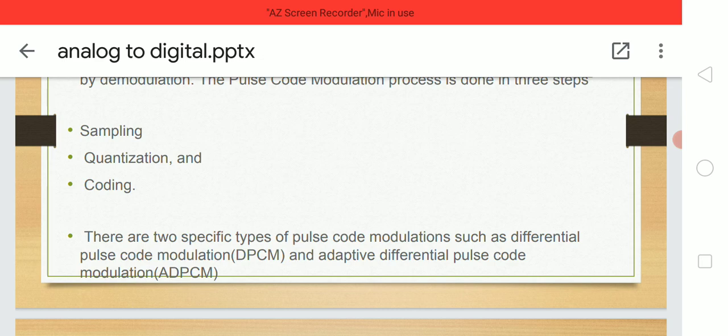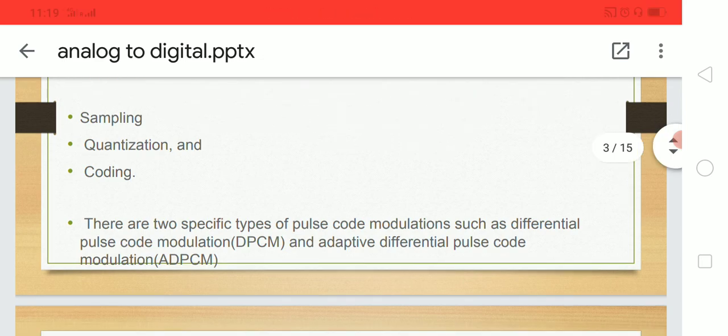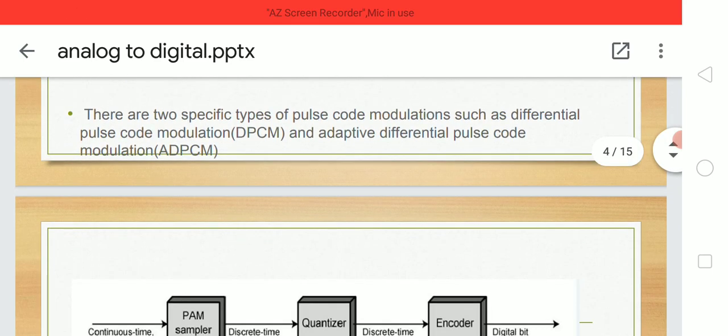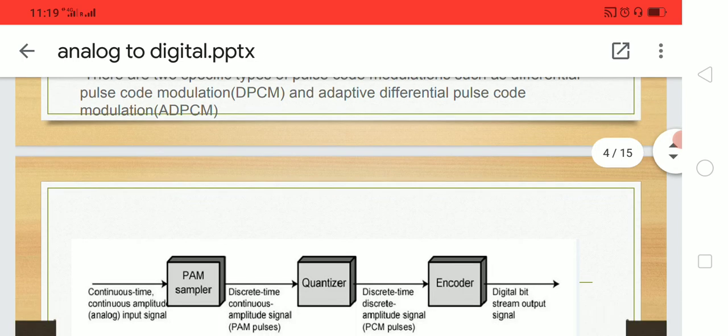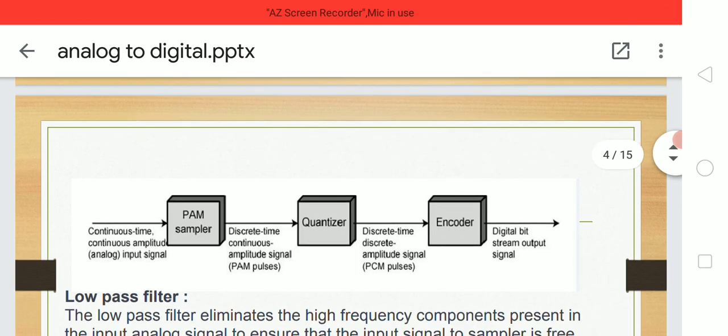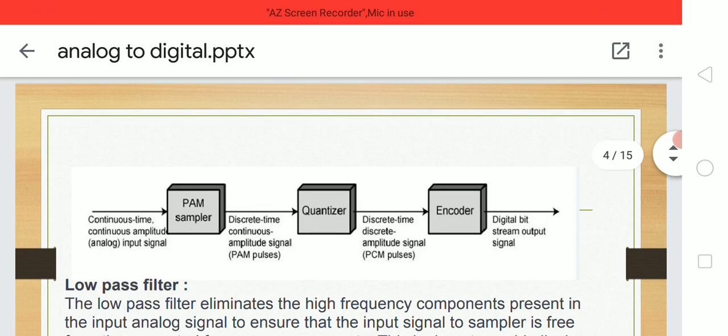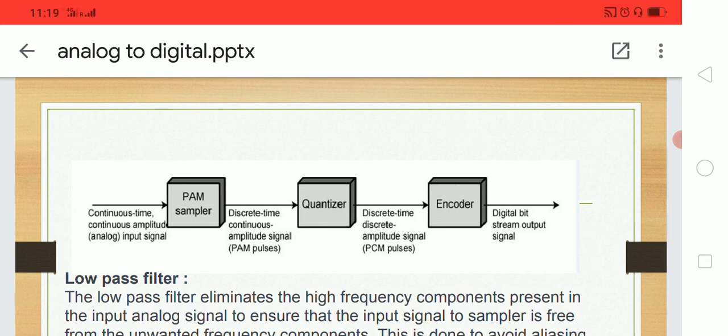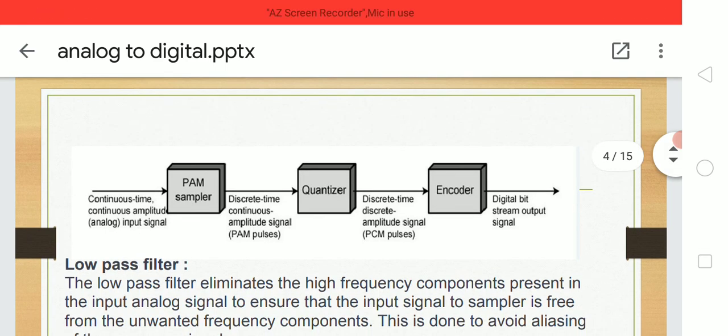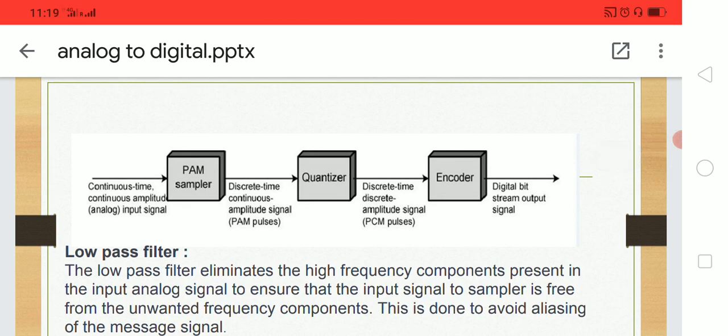There are 2 types of pulse code modulation: differential pulse code modulation and ADPCM, that is, adaptive differential pulse code modulation. Here is the structure of the analog to digital conversion, including 3 steps: sampler, quantizer and encoder. The sampler takes the continuous analog signal as input and converts it into a discrete time, continuous amplitude signal, PAM pulses.